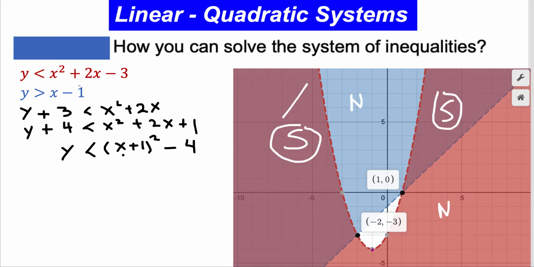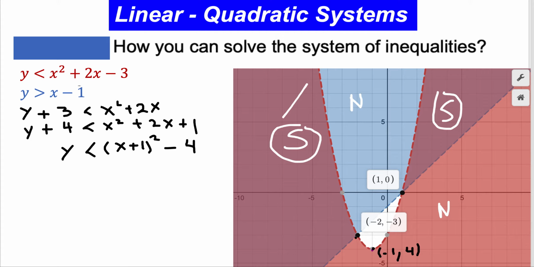Because it's in vertex form, I already know that if I have the quadratic parent function, x squared, this is going 1 unit to the left and 4 units down. So the vertex here is negative 1, negative 4. So we got the vertex.